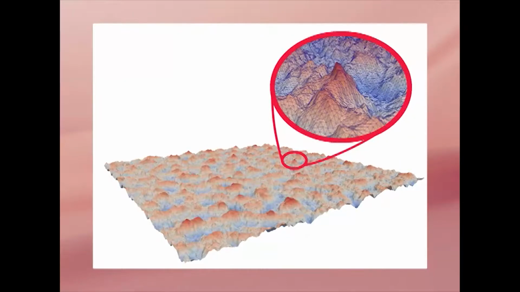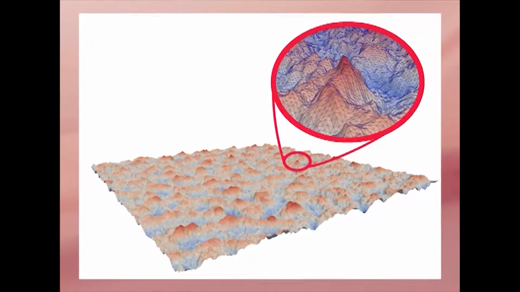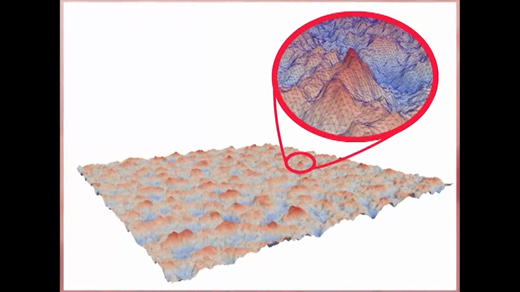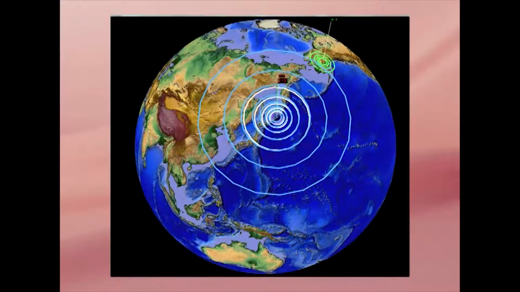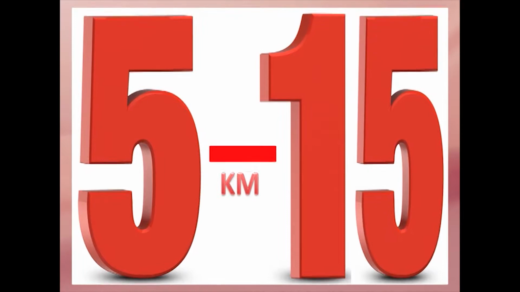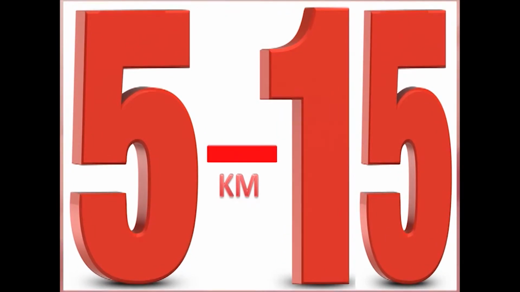Roughness along the fault is referred to as asperities, and places where the rupture slows or stops are said to be fault barriers. Fault rupture starts at the earthquake focus, a spot that in many cases is close to 5 to 15 km under the surface.